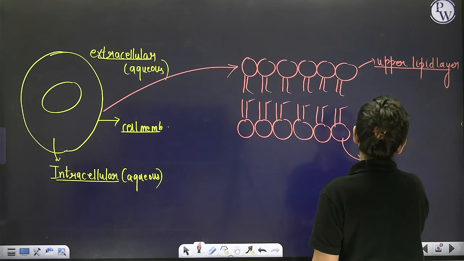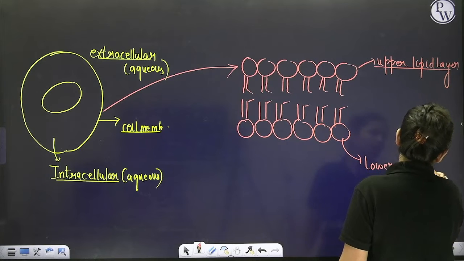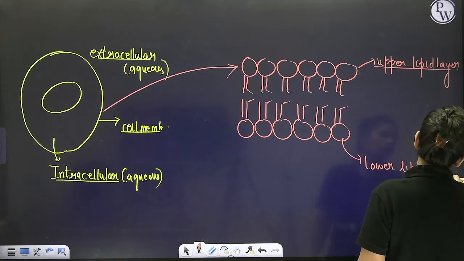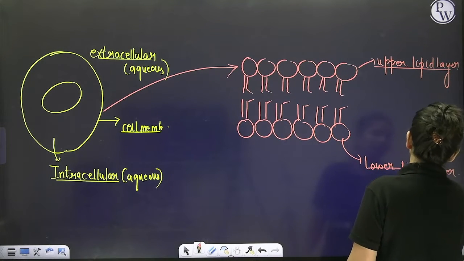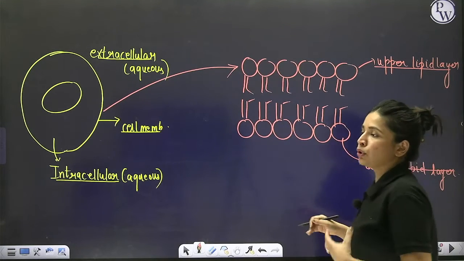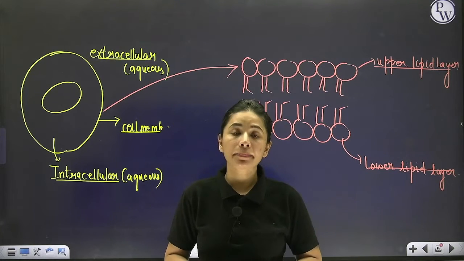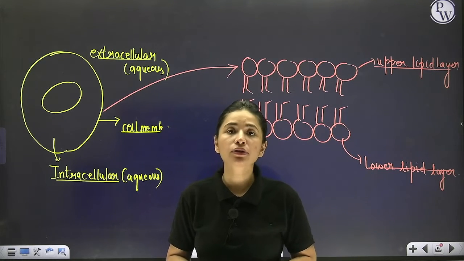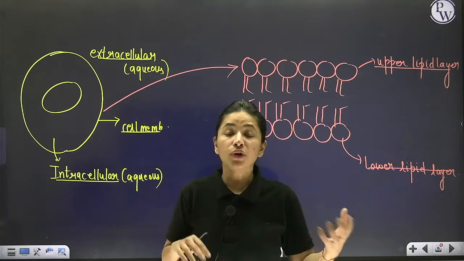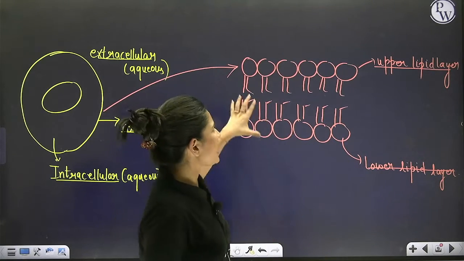And this is the lower phospholipid layer. So, according to fluid mosaic model, plasma membrane is represented by two layers of phospholipid, one above the other.